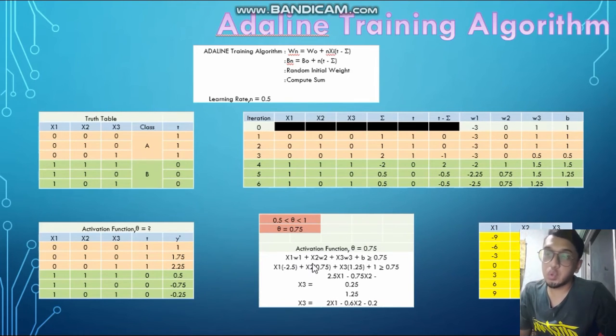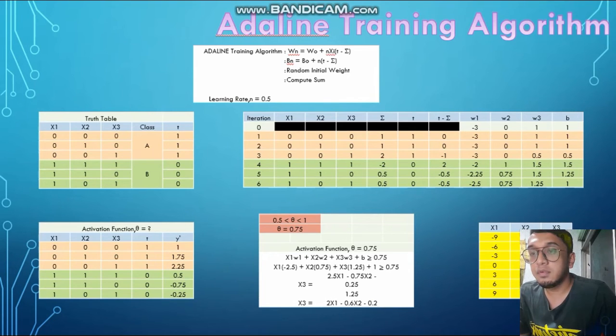Then we proceed to the table over here. How to get the values of x1 and x2? x1 and x2 are based on the formula over here. And how to get x3? We derive x3 from the formula here, which is 2x1 minus 0.6 times x2 minus 0.2. We put the values of x1 and x2 into this formula, and then we get the final values of x3.